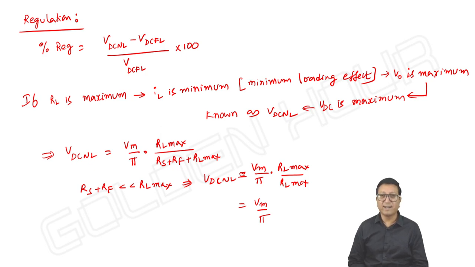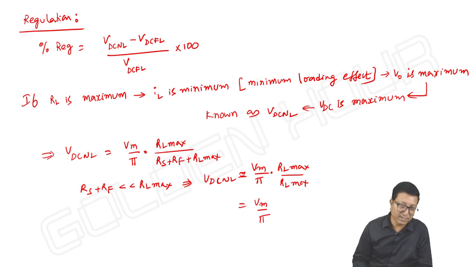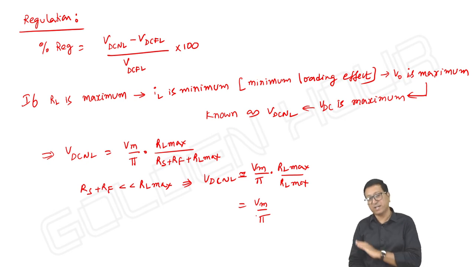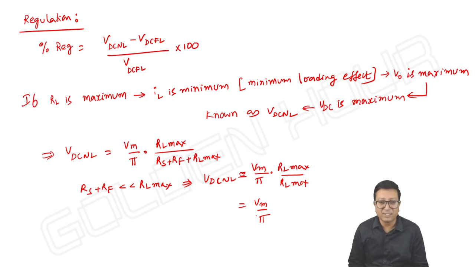We are increasing RL such that IL is about to become 0, so that V output is maximum and the corresponding DC voltage is also maximum. IL cannot be 0, it's approaching 0. You cannot take RL is equal to infinite. RL is at its maximum value. If you take RL is infinite, then diode will never conduct and there is no point of analyzing the circuit at all. Okay, this is one.